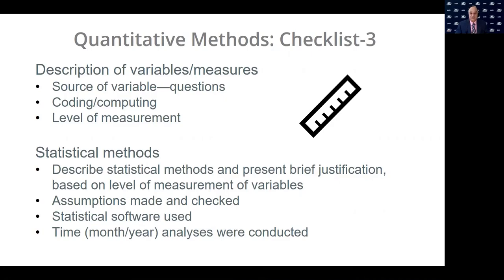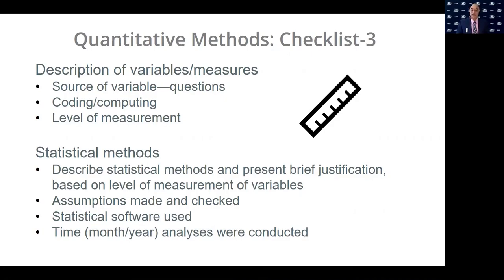Some of the things to consider, if it's, for example, a survey, are that you ought to say what questions led to a variable or a set of questions, how the variable or variables were coded, and how, if any, new variables were computed.